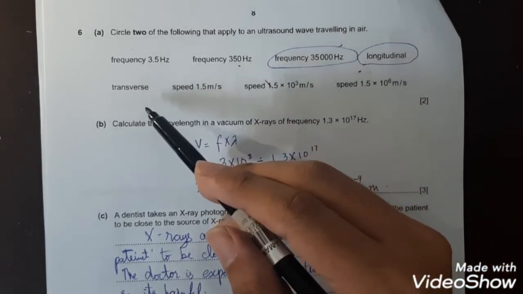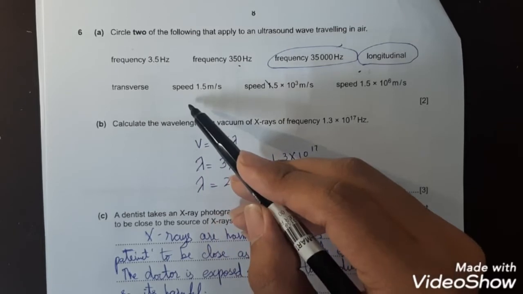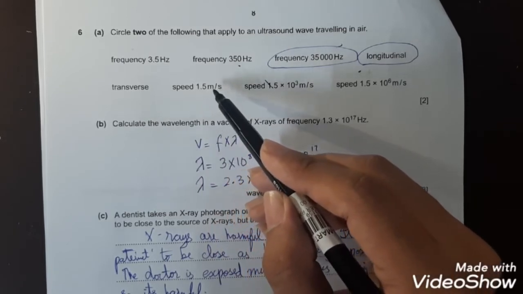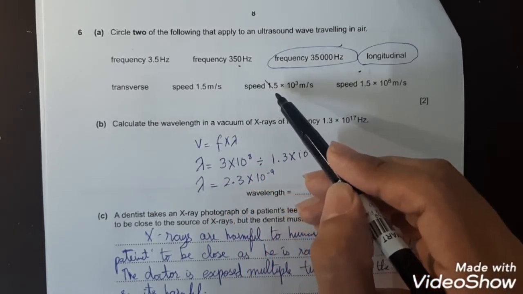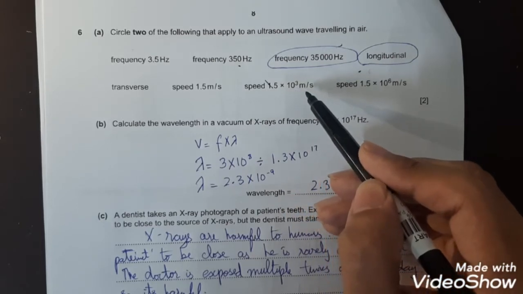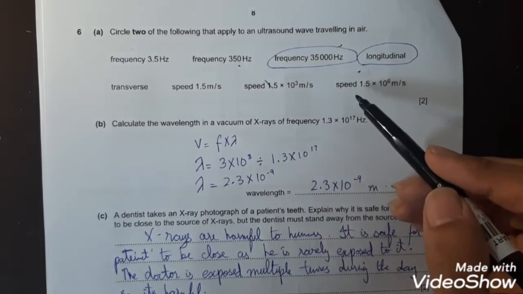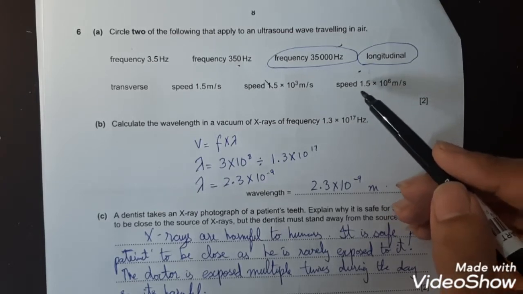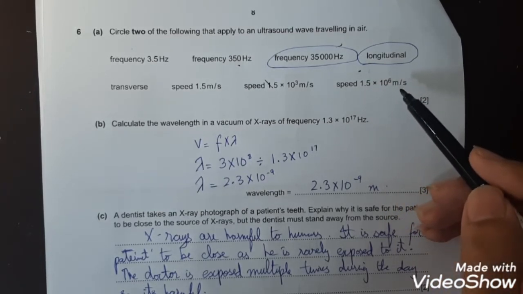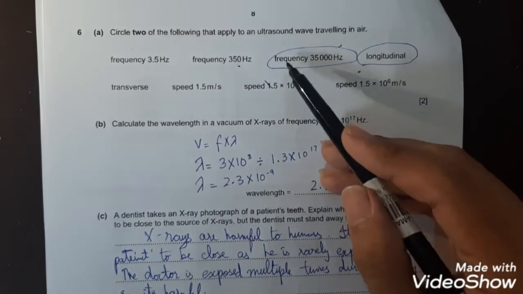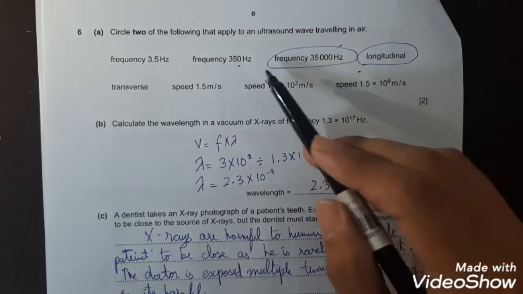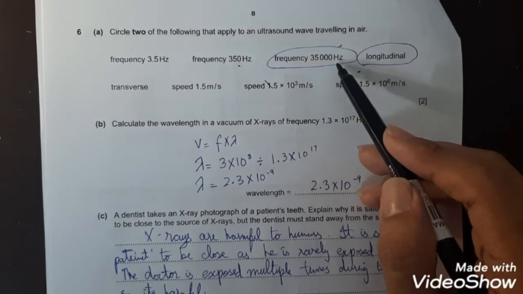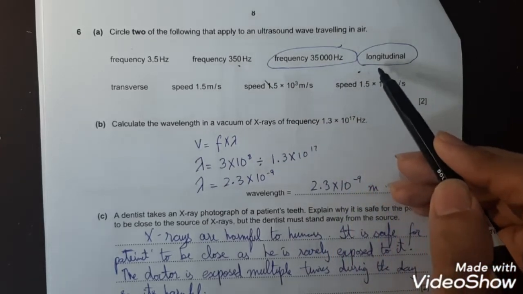But it's not a transverse wave, and the speed is not 1.5 meters per second, nor 1.5 multiplied by 10 to the power of 3 meters per second, and last, not 1.5 multiplied by 10 to the power of 8 meters per second. So the 2 correct answers are frequency 35,000 Hz and longitudinal wave.